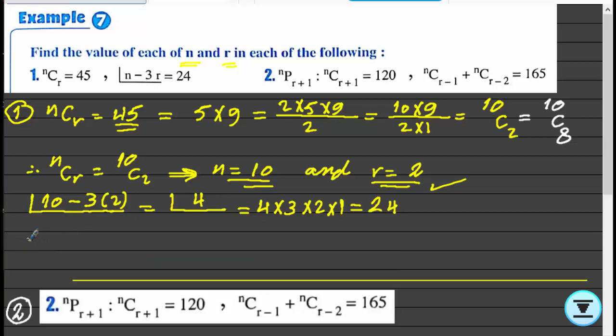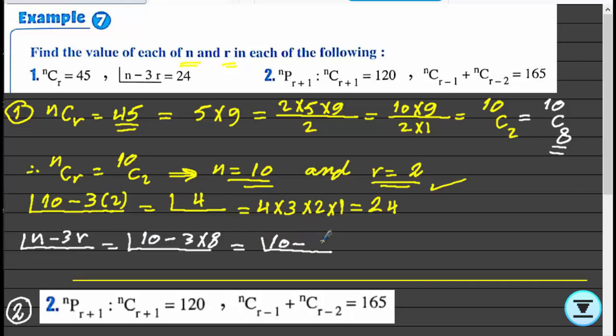Now again, factorial n minus 3r equals factorial n, we substitute it by 10 minus 3 multiply, instead of r I write 8, equals factorial 10 minus 24, right, equals factorial negative 14.